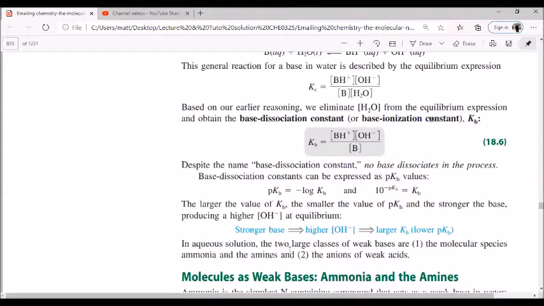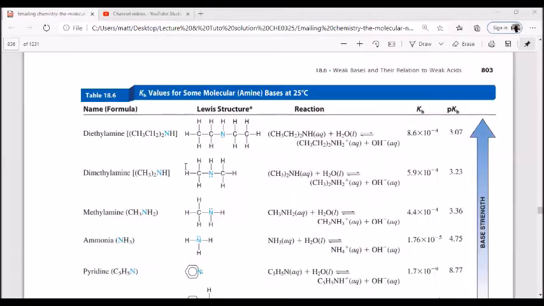In aqueous solution, the two largest classes of weak base are, first, the molecular species of ammonia and the amines, and second, the anion of a weak acid. Okay, this is an example, table 18.6, Kb values for some molecular amine bases at 25 Celsius. Amine means they have N, right?